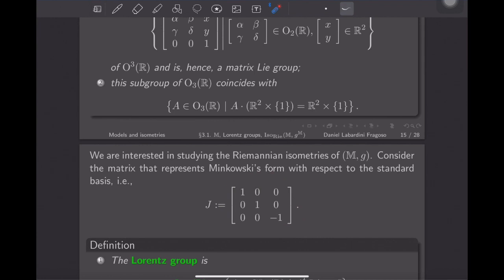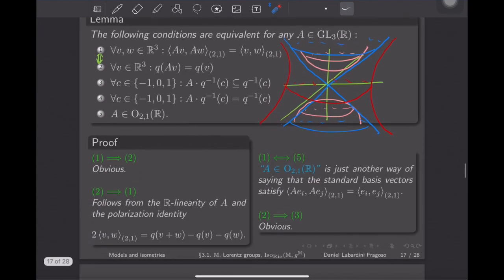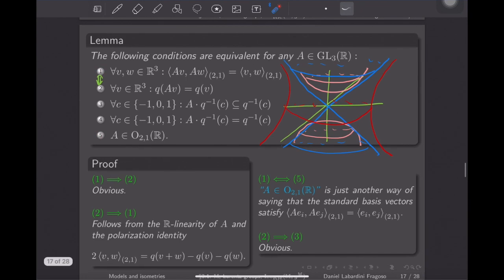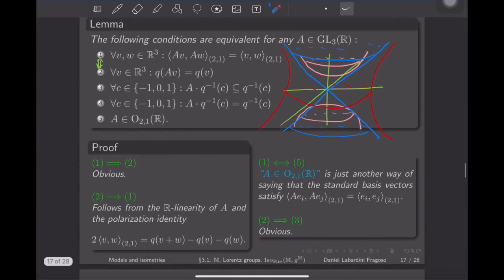So 1 implies 5 is pretty much just specializing this equality for all possible vectors to when the two vectors are standard basis vectors. And the converse is, well, linearity.